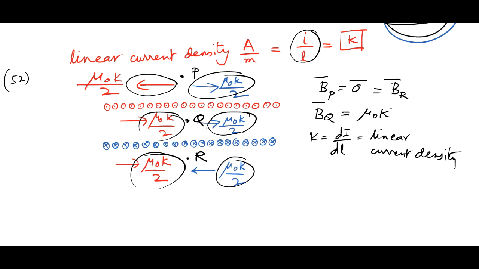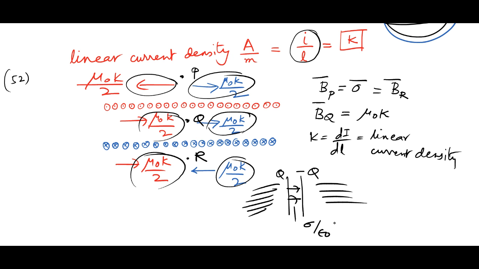Now this situation is again a bit like a parallel plate capacitor, where let's say this is the positive plate carrying charge Q and this negative plate carrying charge minus Q. The field outside, here as well as here, is 0, and the field inside is equal to sigma divided by epsilon naught.